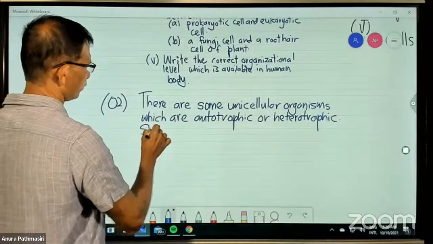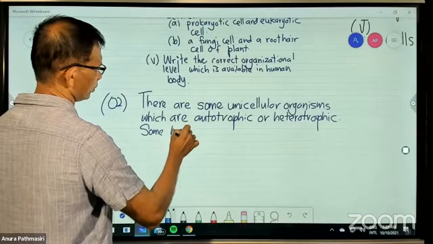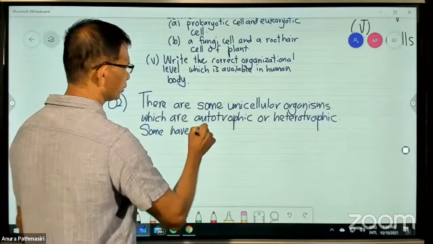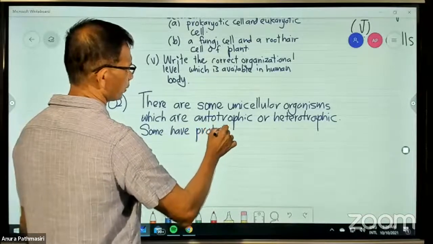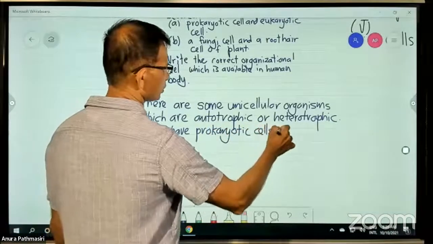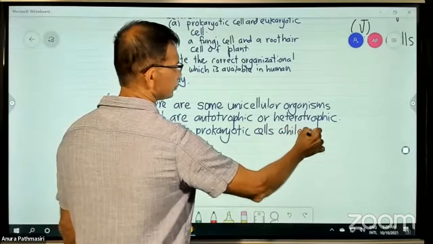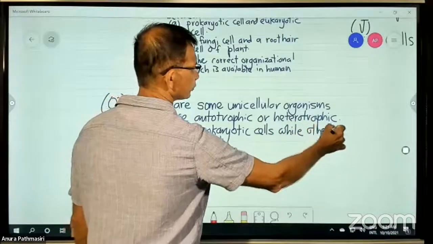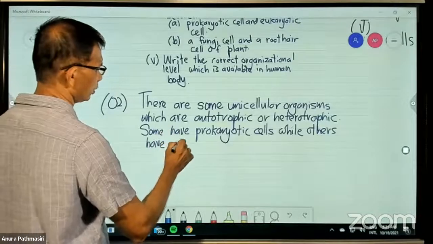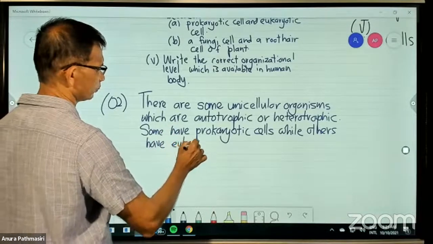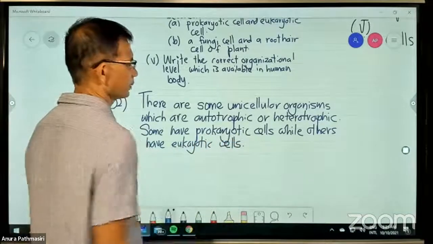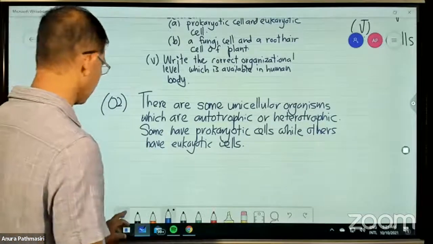Some have prokaryotic cells, while others have eukaryotic cells.